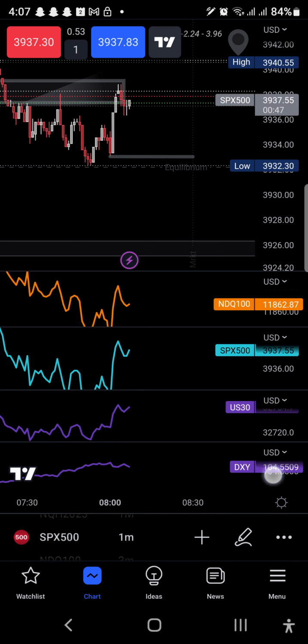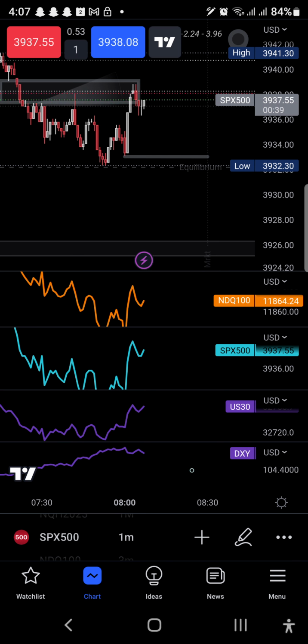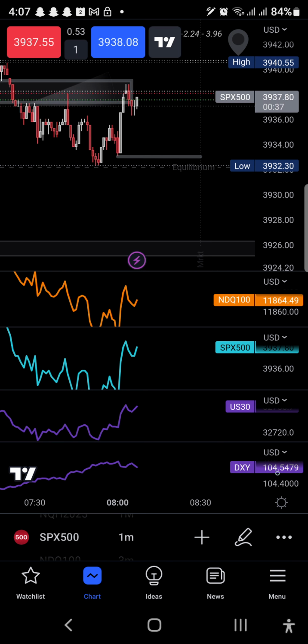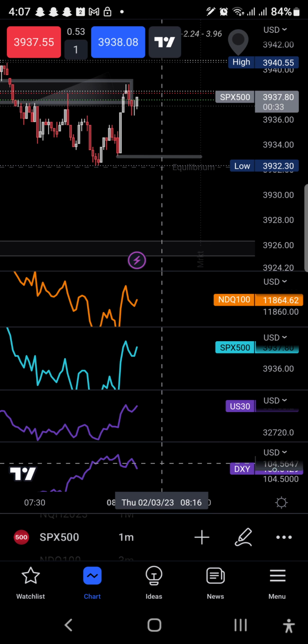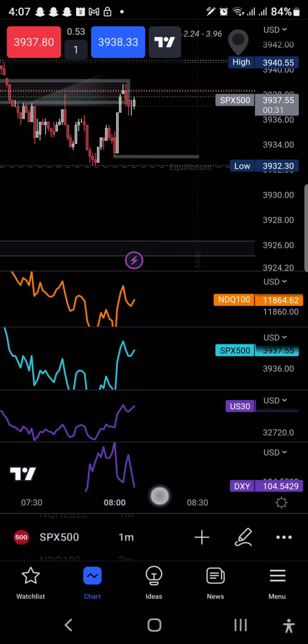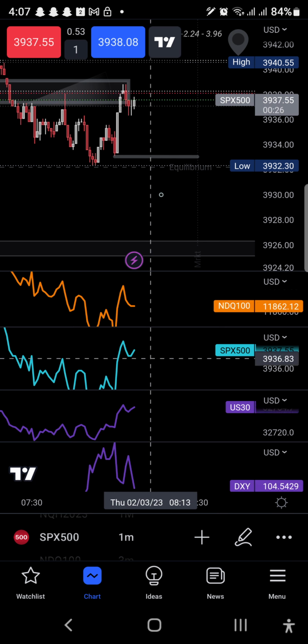I'm looking for any kind of divergence between the indices or with the DXY. So if this is going to go down, I need the DXY to be opposite of that. So I'm looking for this to go SMT down here, and there's SMT between the indices now.